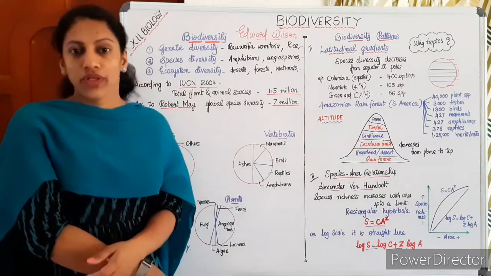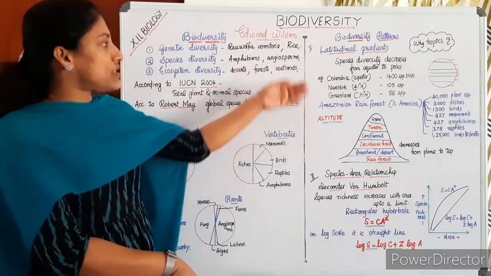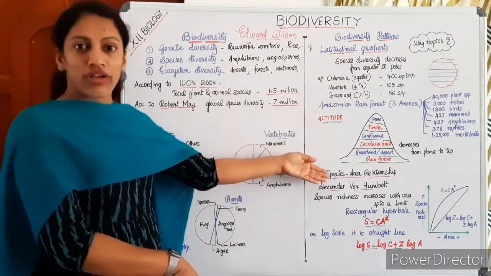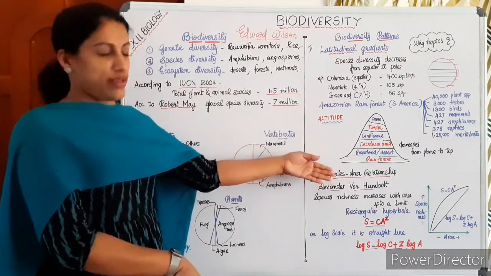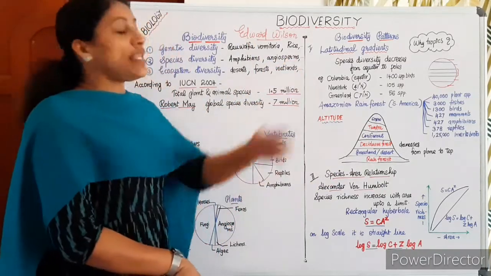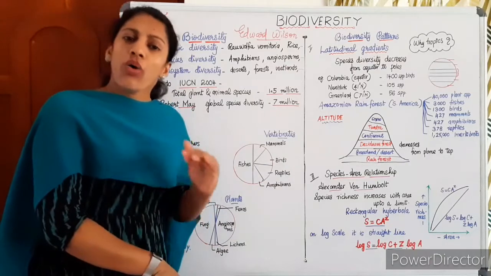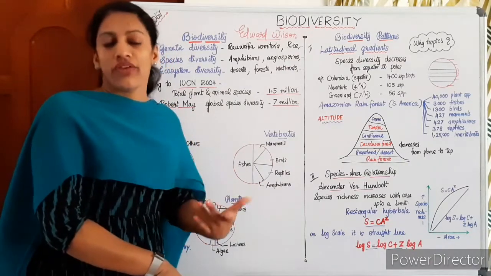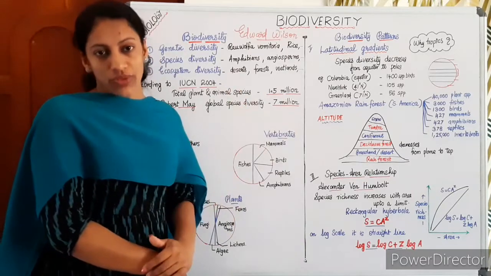We can first discuss the diversity along the latitude, altitude and along area. So when we speak of biodiversity patterns under latitudinal gradients, how does it differ along the latitude?